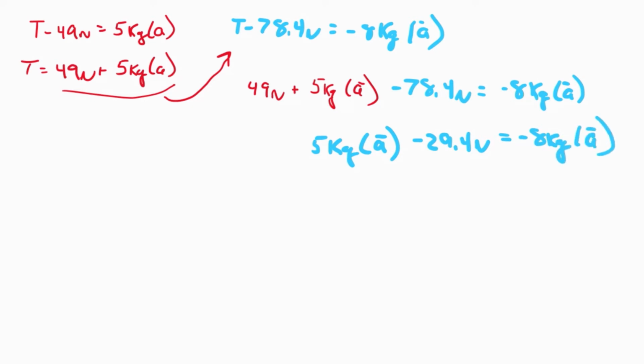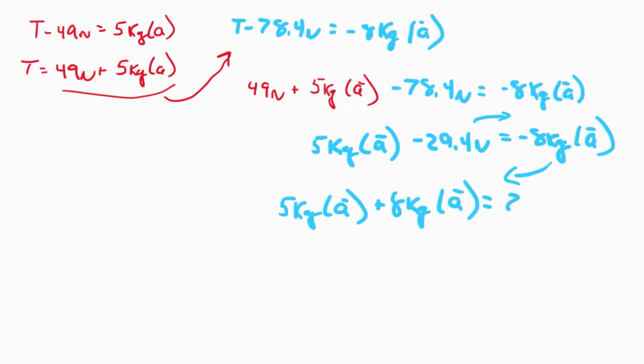And then I'm going to move this over to there, so I'm going to add it to both sides. So I'm going to have 5 kilograms a plus 8 kilograms a equals 29.4 newtons. And this works out to be 13 kilograms times a equals 29.4 newtons.